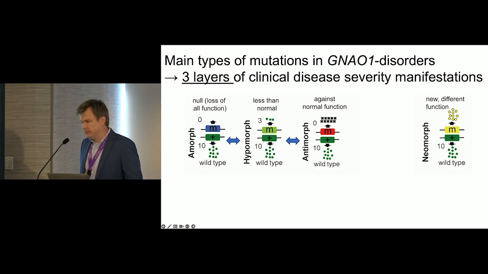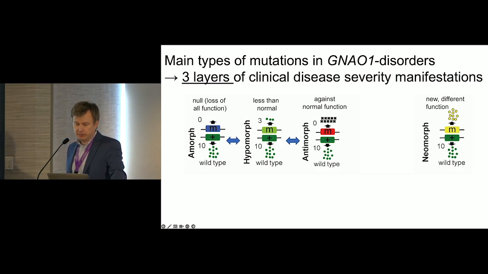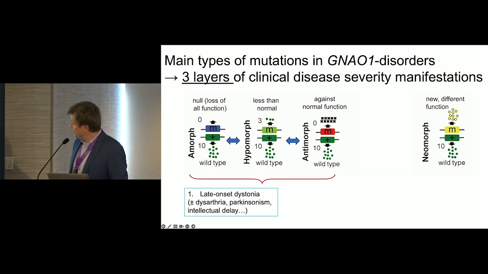And the analysis of the GNAO1 patients in this disease spectrum leads us to conclude that basically you find the intermingling overlap of the amorph, hypomorph, and antimorph alleles on one hand, and they lead to the mild spectrum of the disease, typically having dystonia, but also you could have dysarthria, Parkinsonism, intellectual delay, and so on.